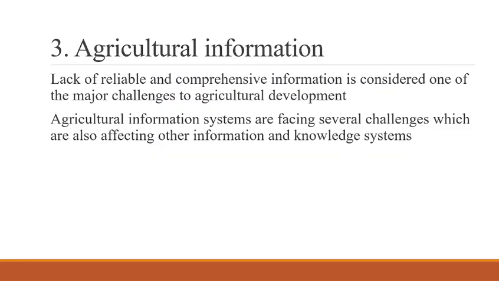Lack of reliable and comprehensive information is considered one of the major challenges to agricultural development. Now, I'm talking of agricultural information as a challenge to rural livelihood. Agricultural information systems are facing several challenges, which are also affecting other information and knowledge systems.